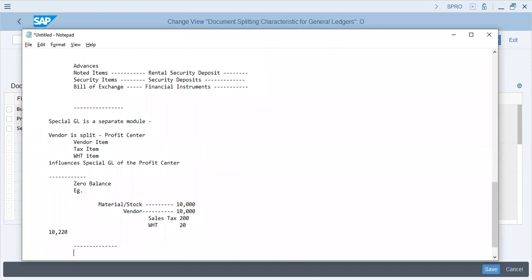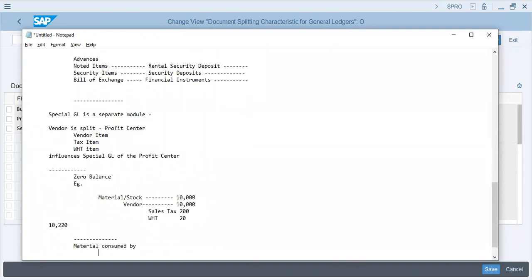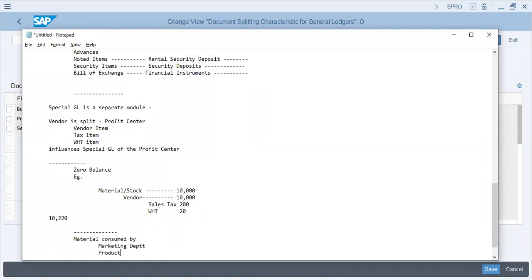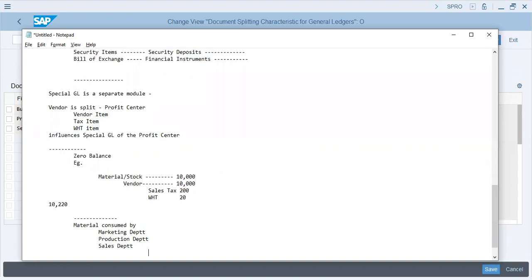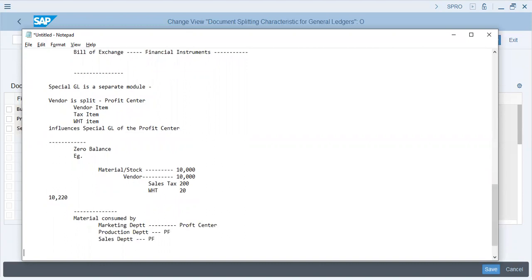Now, material consumed by marketing department, production department, and sales department. Marketing has its own profit center, and so will production, and so will sales department.